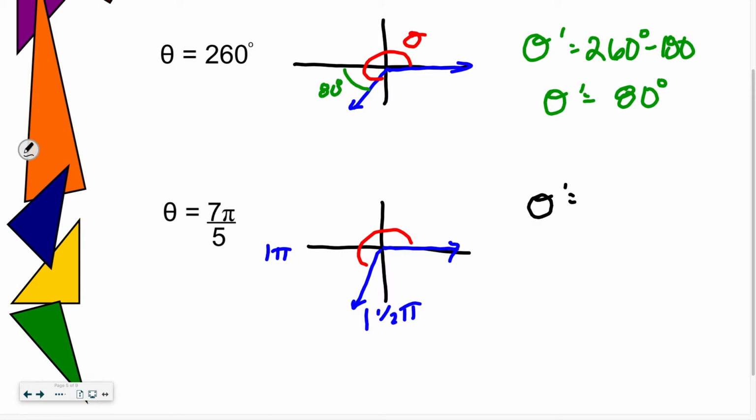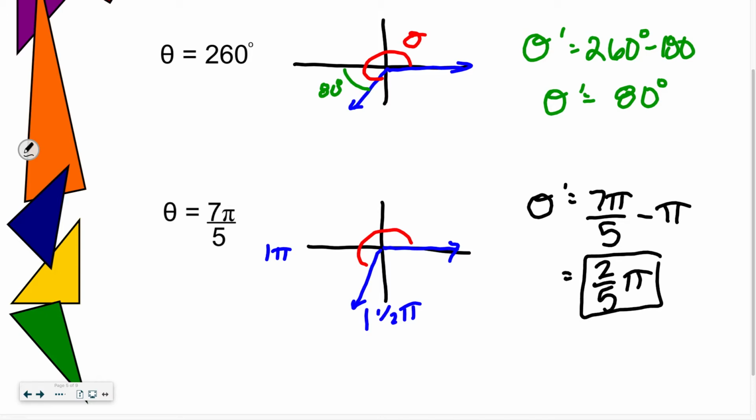Theta prime equals, this is again the overflow, so I take the larger angle, 7 pi over 5, and now I'm going to subtract just 1 pi, right? Just the two quadrants that I don't care about, so I'm going to subtract pi from that. I can subtract 1 pi from 7/5 pretty easily, just in my head. 5/5 would be 1, so it's 2/5 pi.